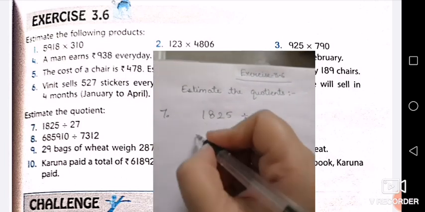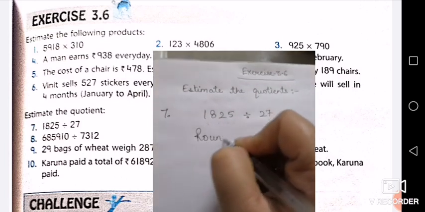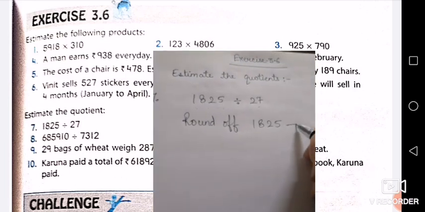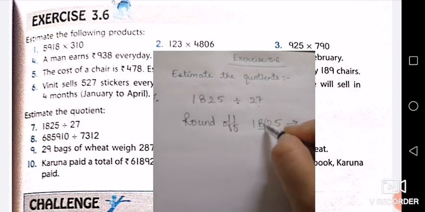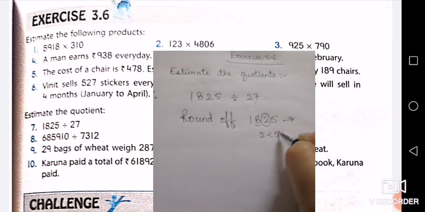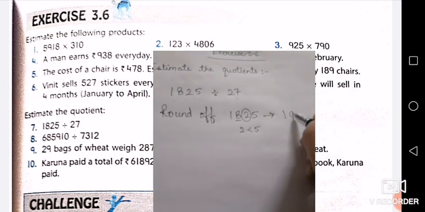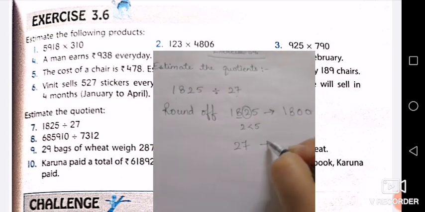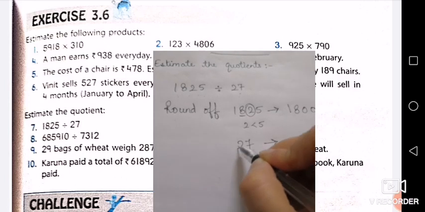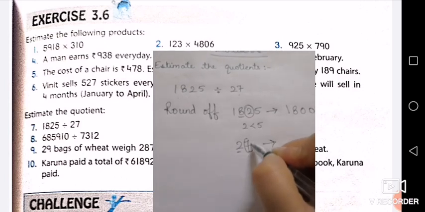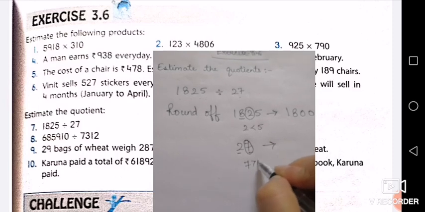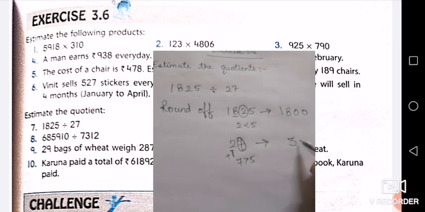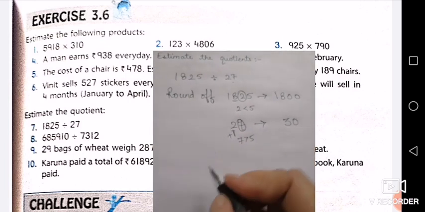So here in this case we are going to round off 1825 up to 100 only. So we'll see this tens place, which is 2. Now 2 is less than 5, so we are not going to add anything on the 100 place. So the round off will be 1800. In the case of the divisor, we will round off to the tens place, and the ones place is 7. Now 7 is greater than 5, so 1 will be added on this tens place, so the round off of 27 will be 30.